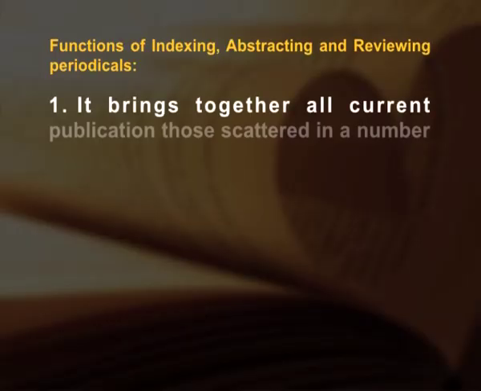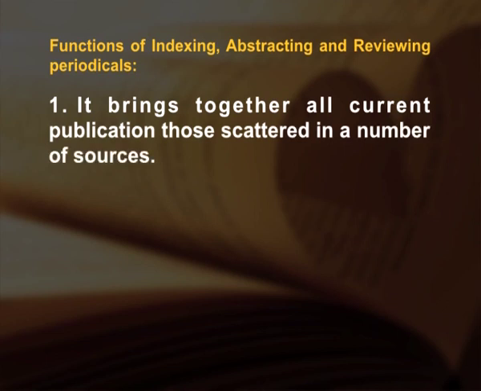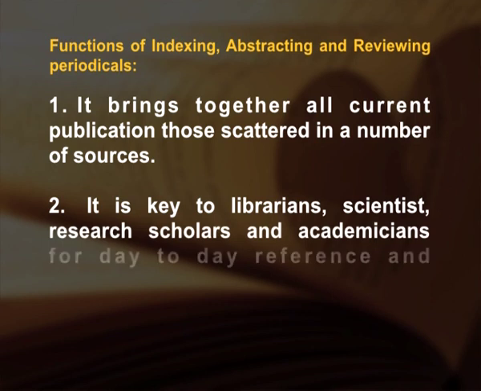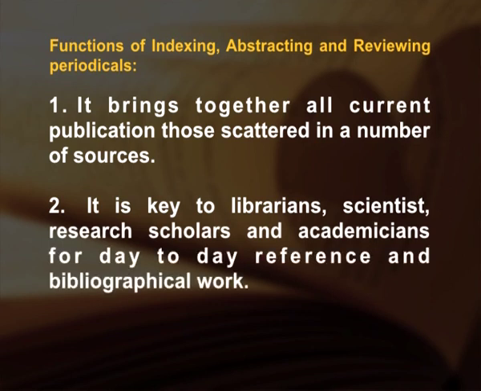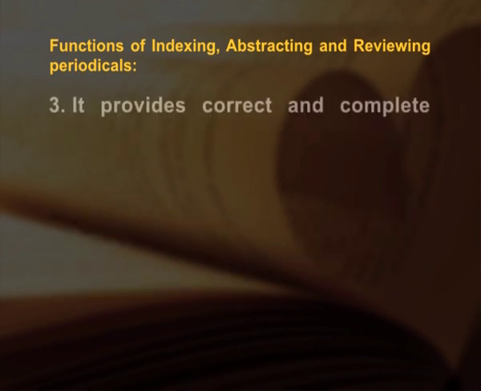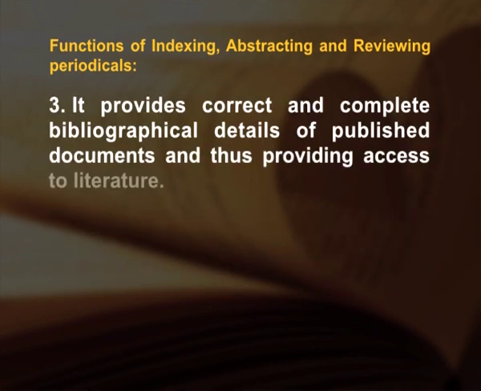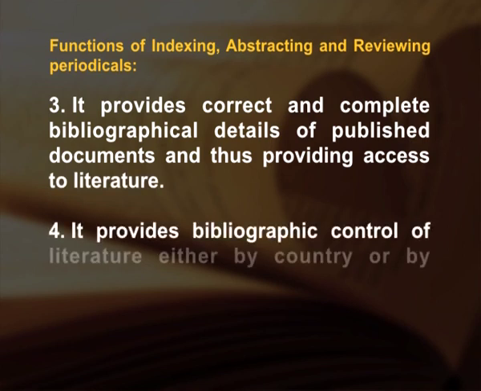Functions of indexing, abstracting and reviewing periodicals. It brings together all current publications, those scattered in a number of sources. It is the key to librarians, scientists, research scholars and academicians for day-to-day reference and bibliographical work. It provides correct and complete bibliographical details of published documents, giving access to literature.